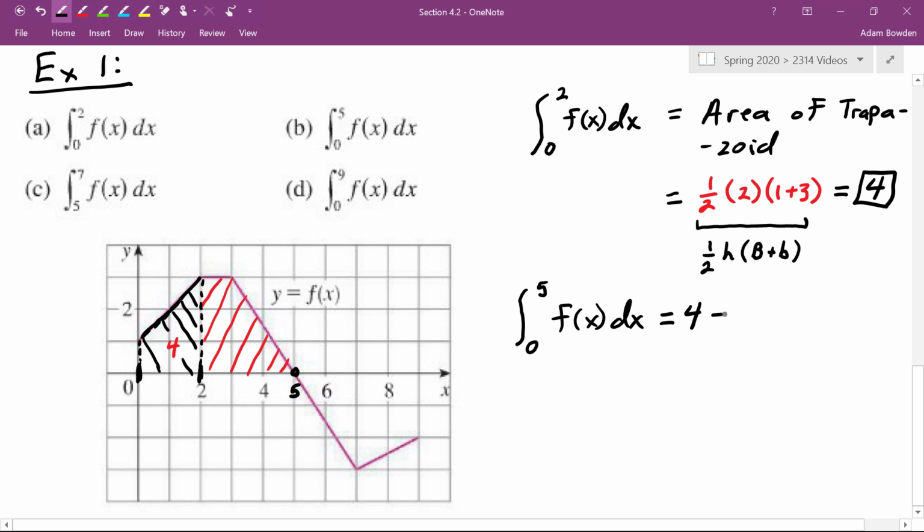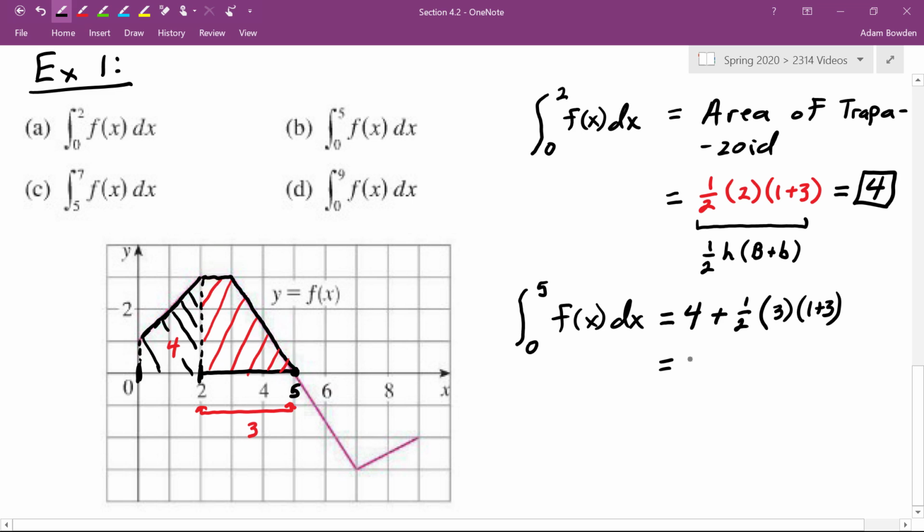So we're going to have the 4 plus 1/2. And you'll notice this side over here has a length of 3. So we use the other two sides here to help us out with figuring out this area. It looks something like 1/2 times 3 times 1 plus 3.